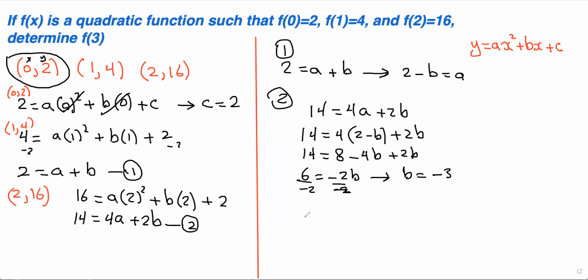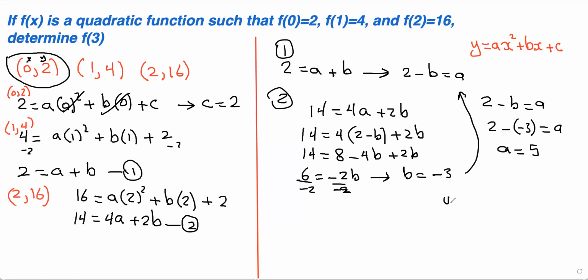Now, when b is negative 3, I could find out what a is by subbing this in equation 1. So I'm just going to sub the value negative 3 in equation 1. I'm just going to put that right here. And so that will give me 2 minus b equals a. And therefore, 2 minus negative 3 equals a. And therefore, a will be 5. So now I could write my equation.